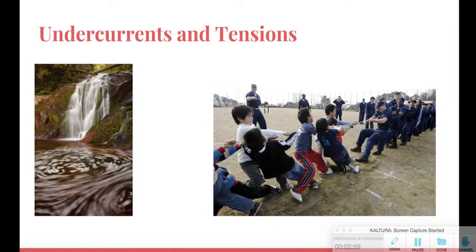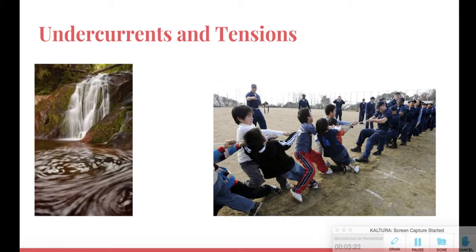Next, tension. Tension is pressure, often occurring when there are two things pulling in opposing directions. Both of these terms, undercurrents and tension, relate to literary study because the more one digs into the language and narrative elements of a story, the more one may start to find elements that don't make sense together.